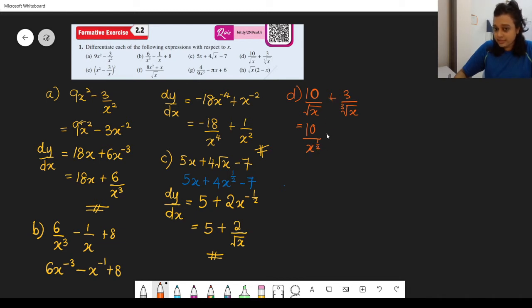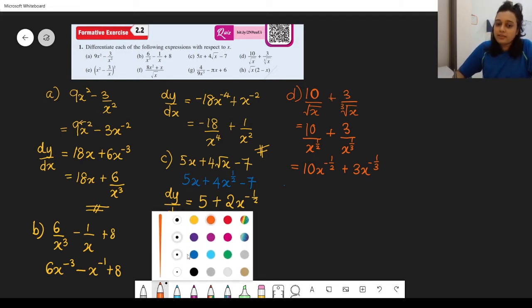Then 3 over cube root, and cube root is power 1 over 3. Now when you write like this, it's easy to bring up. So 10 x power of negative 1 over 2 plus 3 x power of negative 1 over 3. Now you can differentiate.